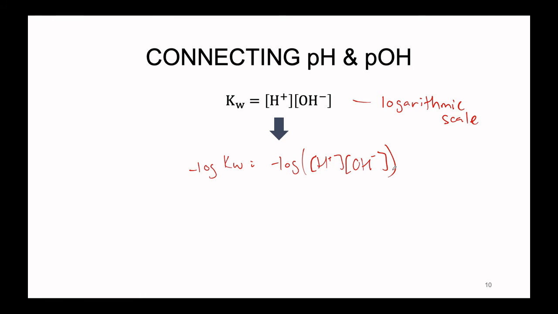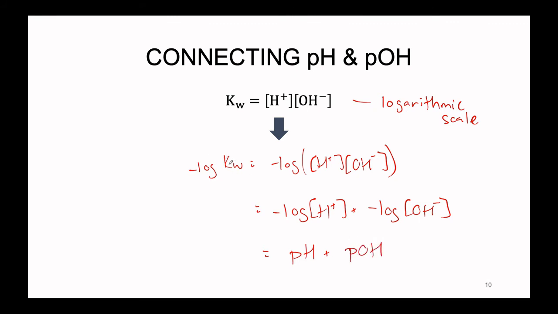And this may not apparently at this stage seem to be useful to us, but one awesome property of logarithms is that if you have the log of two multiples, like two things being multiplied together, this is equal to the logarithm of the first piece being added to the logarithm of the second piece. So here now we have the negative log of H plus being added to the negative log of OH minus. This is equal to the pH plus the pOH.